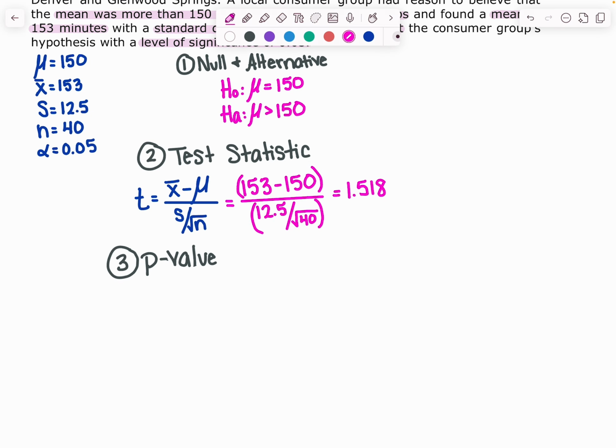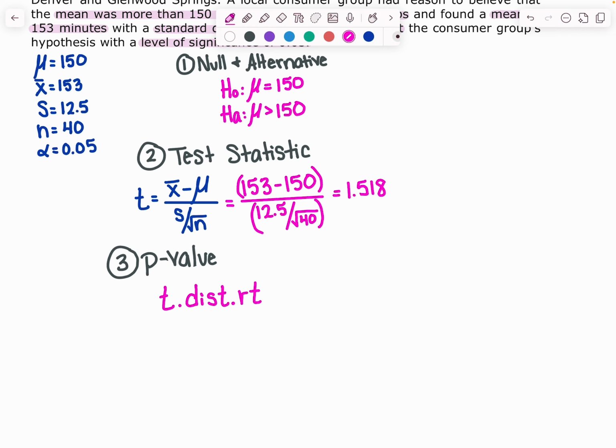So we're going to go into Excel and we're going to use t.dist. And one of the nice things about t.dist in Excel is they actually have a .rt so that it will calculate the right tail for us.